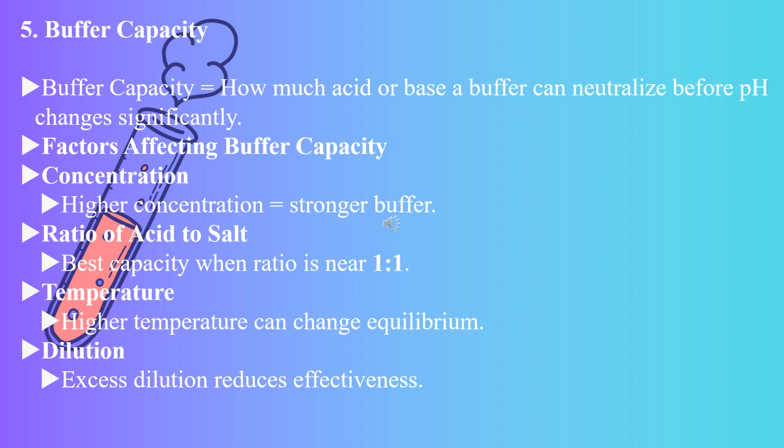The best buffers are those in which the acid to salt ratio is 1:1. Temperature: a higher temperature can change the equilibrium, because we know that temperature causes ionization very easily. Dilution: excess dilution reduces effectiveness. Whenever the water is in large amount and the main components of the buffer are in small amount, then automatically the action of the buffer will be reduced.